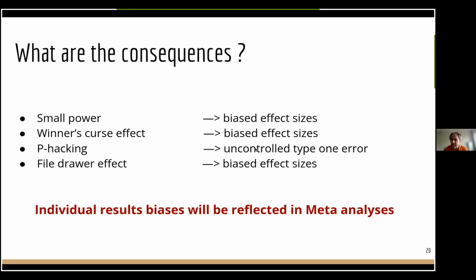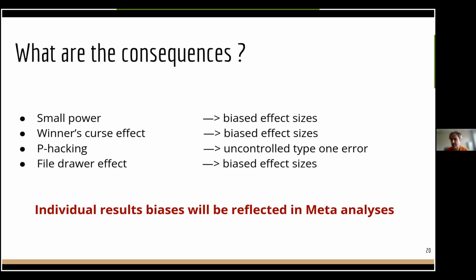So what are the consequences? First, small power does bias the effect size. The Winner's curse effect also biases the effect size, so you always report higher effect sizes than the actual ones. P-hacking is more about the uncontrolled type 1 error, so you report more false positives than you expect.